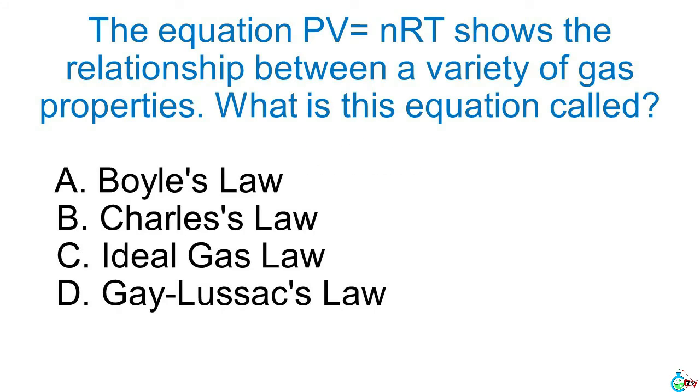A. Mass. The equation PV equals nRT shows the relationship between a variety of gas properties. What is this equation called? C. Ideal gas law.